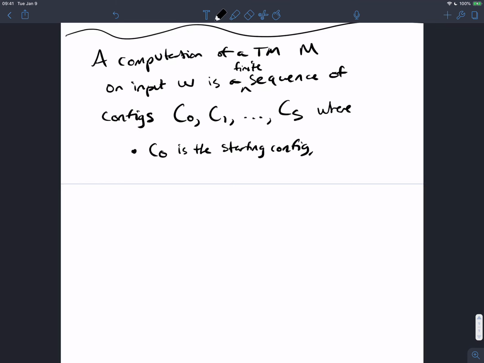So in fact, the config itself, C0, is Q0, W1, W2, let's say Wn. So I'm looking at the first character. If I feed you the same input every single time, does this starting configuration ever change? No, because the starting state is exactly the same, and the input is exactly the same. So in fact, that's why I say the starting config here, because there's exactly one config if I fix a particular string.